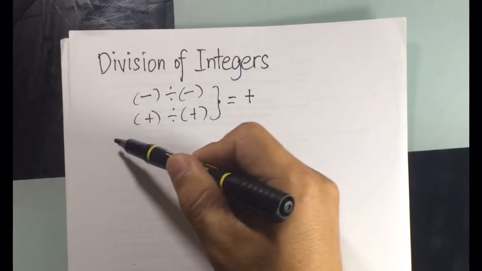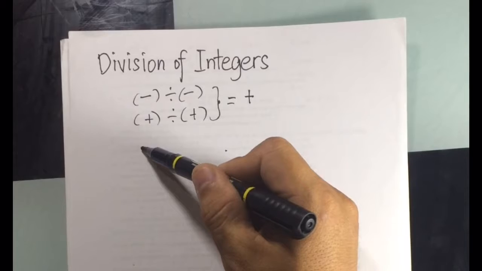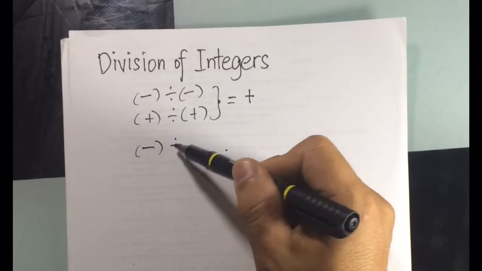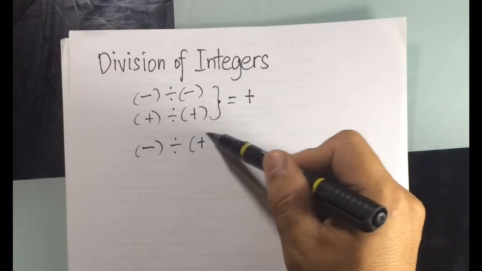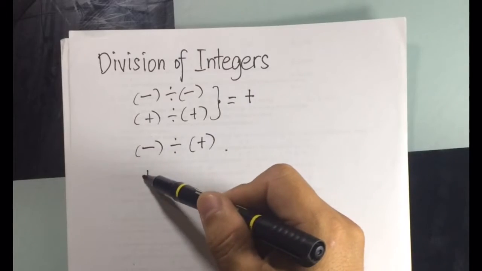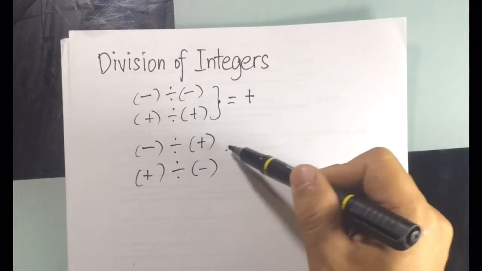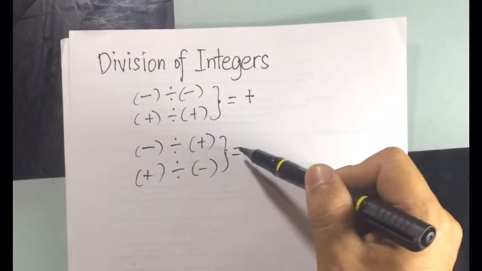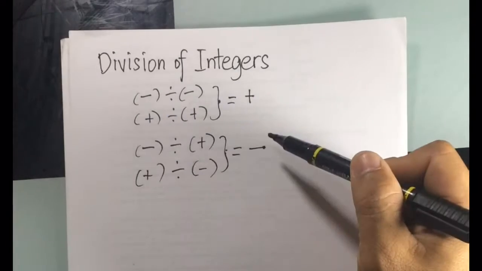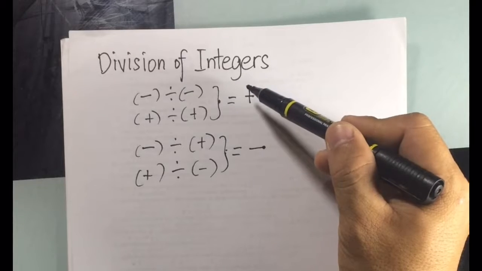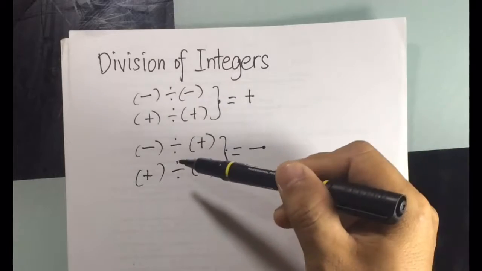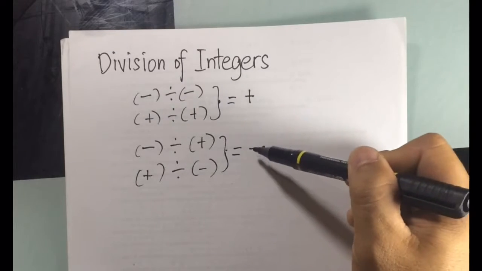And if you're going to have unlike signs, so negative divided by a positive number or a positive divided by a negative number, the result here will be negative. So if we divide like signs, the result is positive. Unlike signs, the result will be negative.